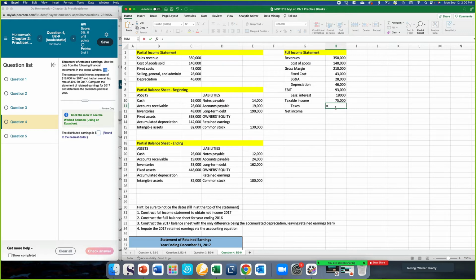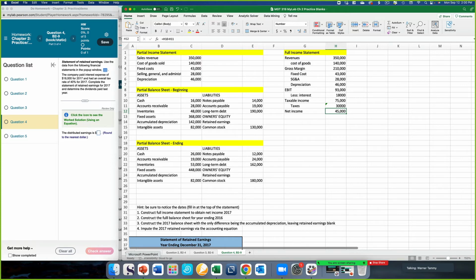So you multiply that 75,000 times 0.4. And that gives us our net income. Okay, so there's our net income of 45.